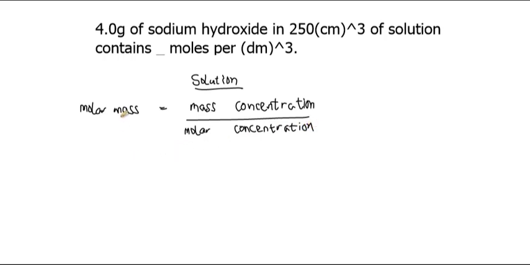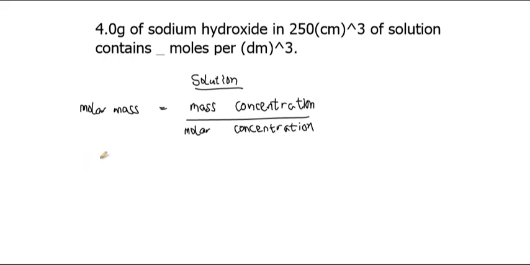So here we do not know the molar mass of sodium hydroxide, we do not know the mass concentration, and we do not know the molar concentration as well, and that is what we are being asked to calculate from the question. So the first thing to do now is to calculate the molar mass of sodium hydroxide.